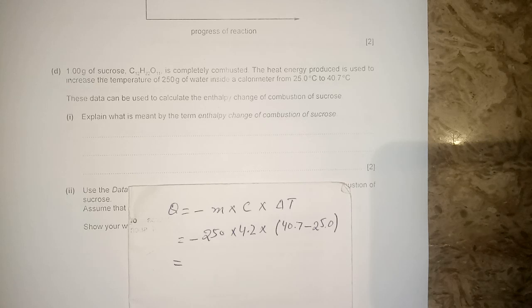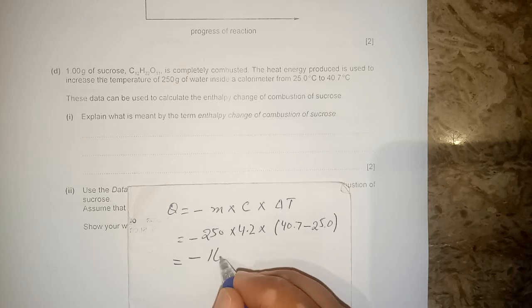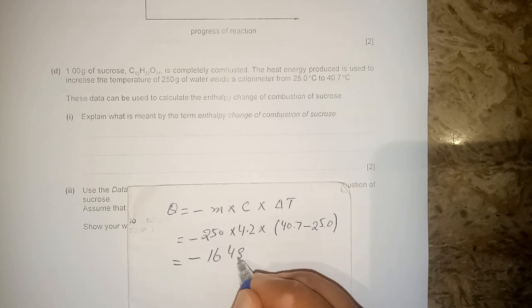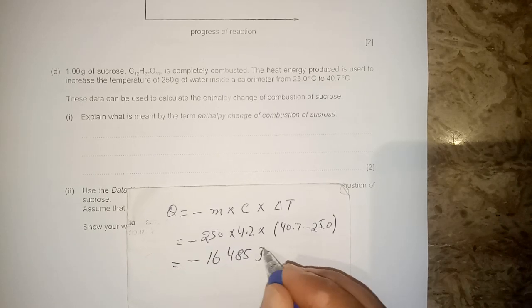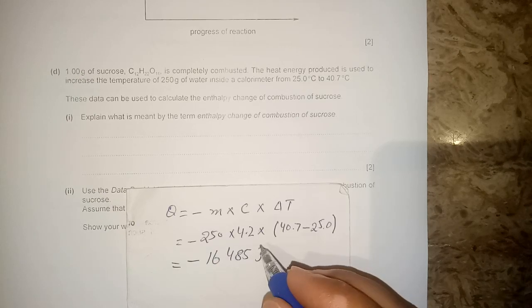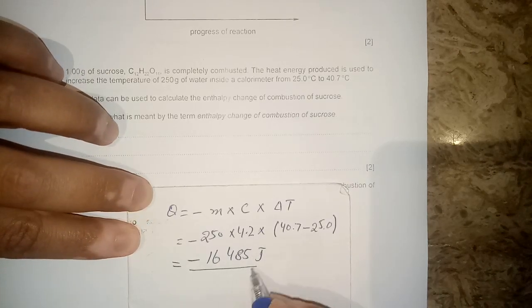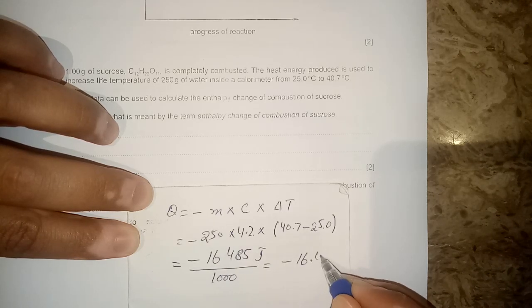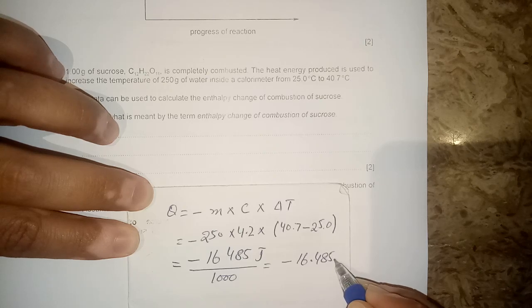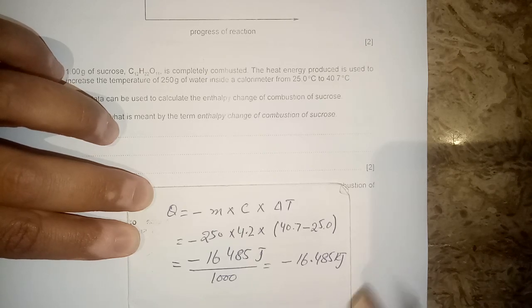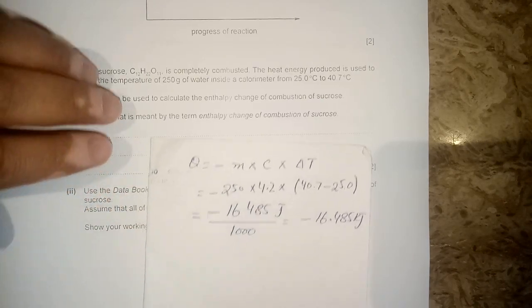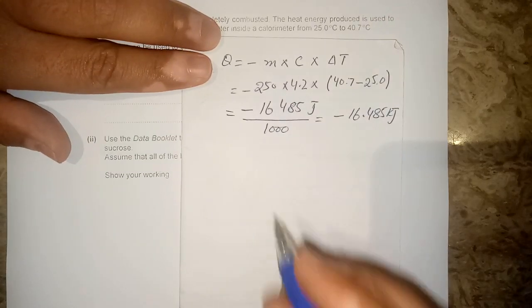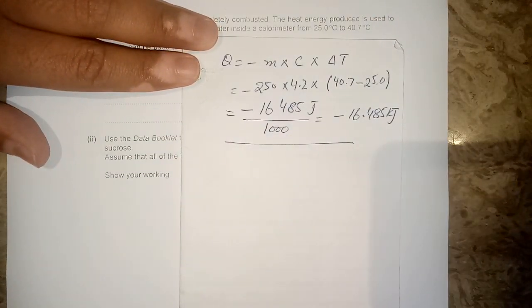So the final answer is minus 16485 joules. To convert this into kilojoules, we divide it by 1000. As a result, we get minus 16.485 kilojoule.